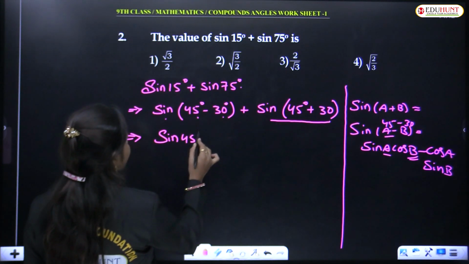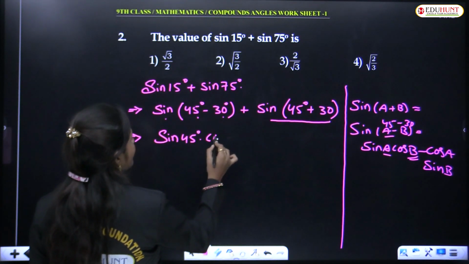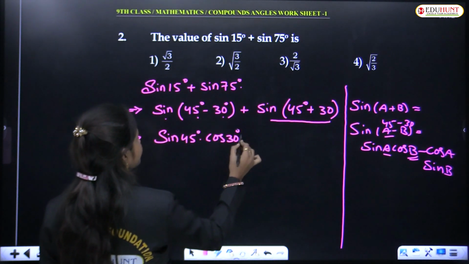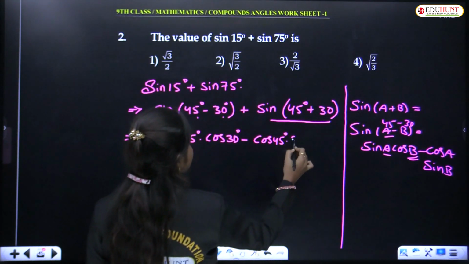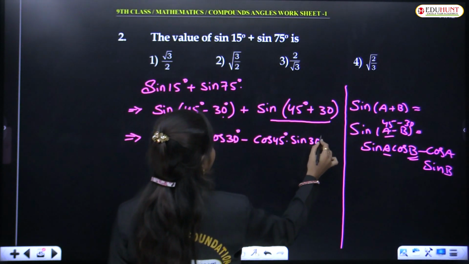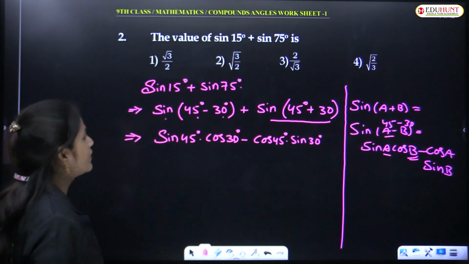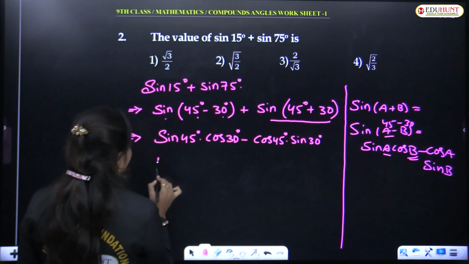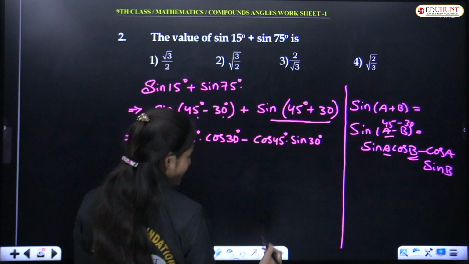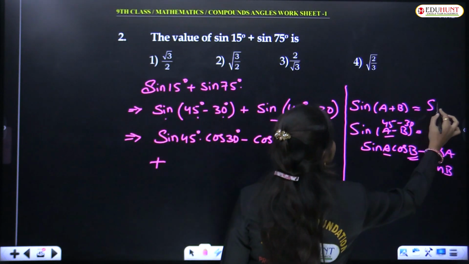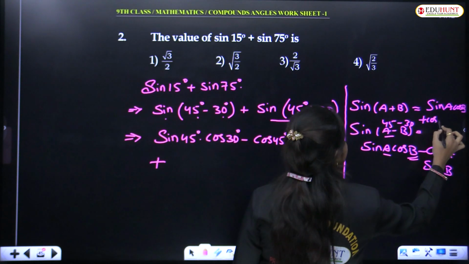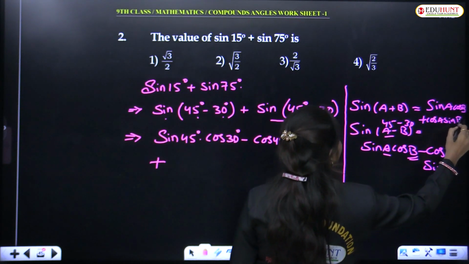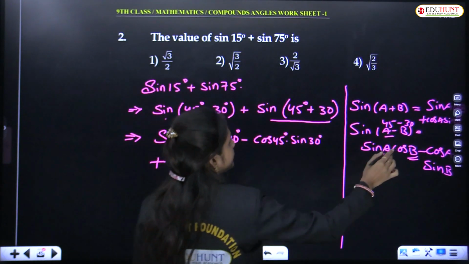Sin 45 degrees cos 30 degrees minus cos 45 degrees sin 30 degrees. Clear? Yes. And the second one, sin A plus B. So the sin of A plus B formula is sin A cos B plus cos A sin B.